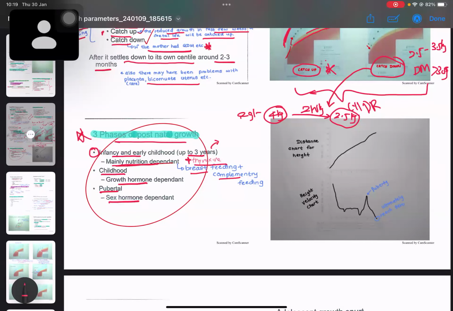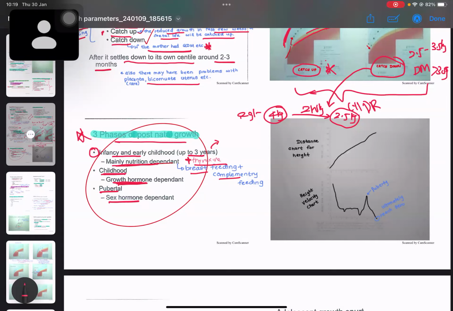If the child is having hypothyroidism or congenital hypothyroidism, it will affect the growth of the baby. And for the first 3 years, thyroxine as well as nutrition, these two things are important for the first 3 year growth. Then during childhood, the growth hormone is the thing which affects the growth of the baby.